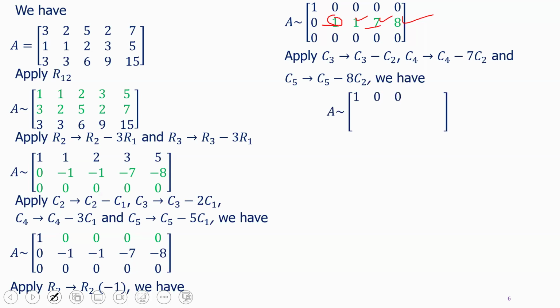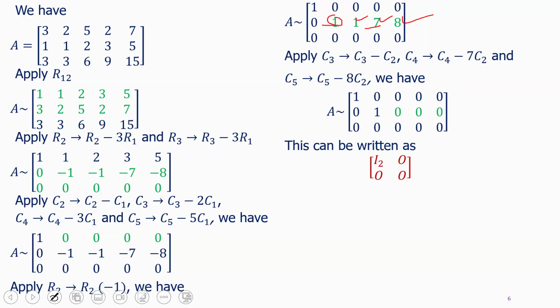Then what do we have? We have a matrix 1 0 0 0 0, 0 1 0 0 0 and 0 0 0 0 0. So this can be written as I2 0 0 0.